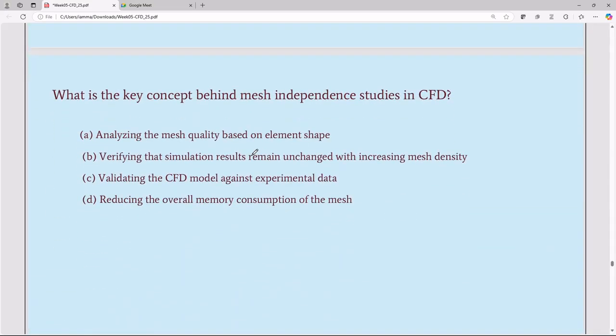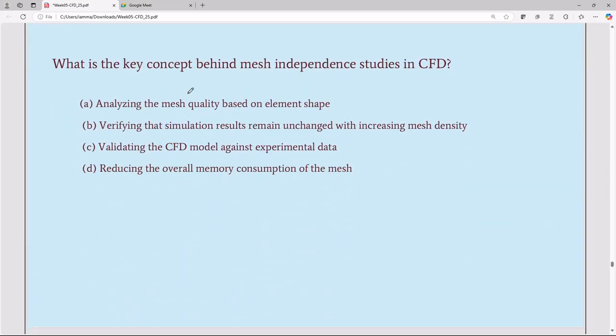Moving on to the next question. What is the key concept behind mesh independent studies in CFD? Option A, analyzing the mesh quality based on element shape. Option B, verifying that simulation remains unchanged with increasing mesh density.